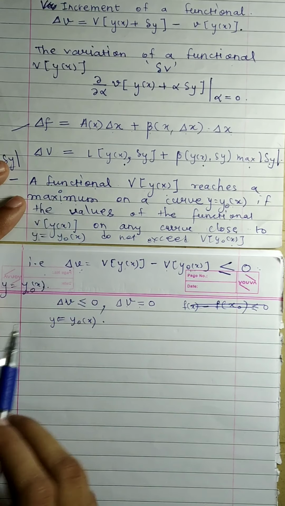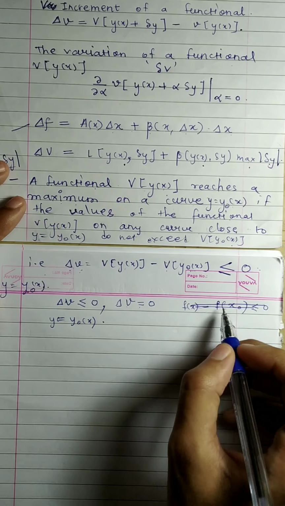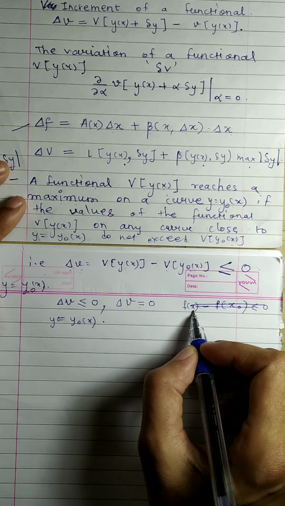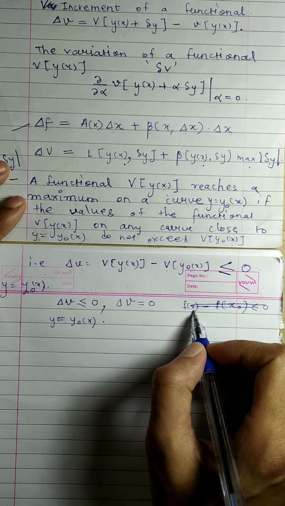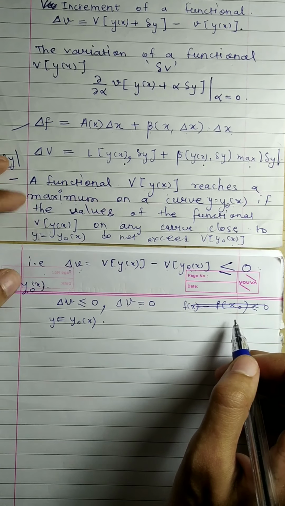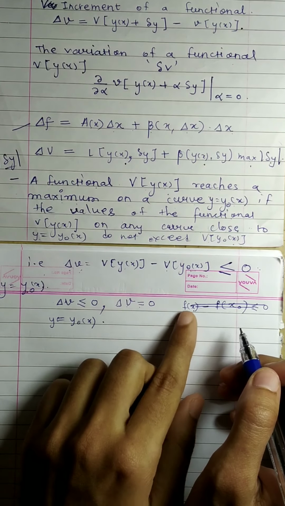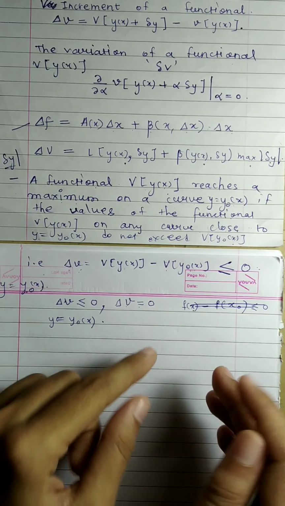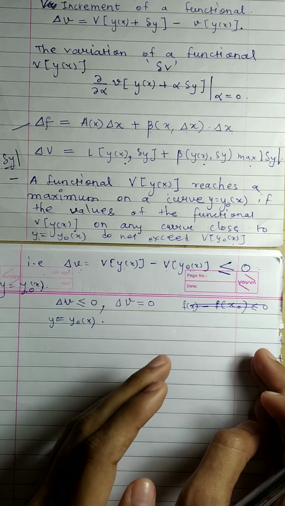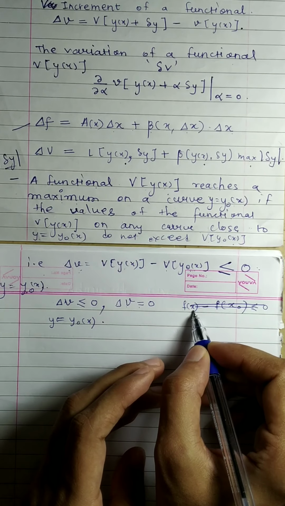Like for example here, for a function we have local maximum and minimum and overall maximum and minimum. How does that depend on x?